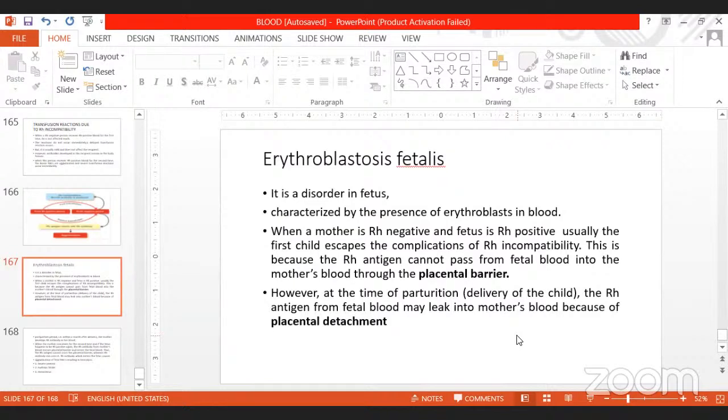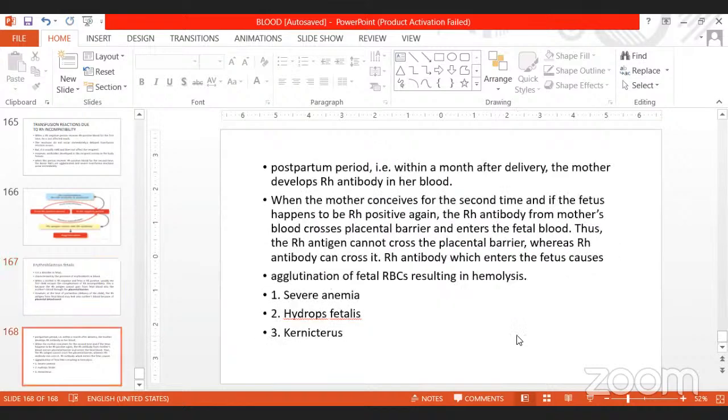But at the time of parturition, the Rh antigen from the fetal blood may leak into the mother's blood due to placental detachment. And in the postpartum period, that is within a month after delivery, the mother develops Rh antibody in her blood.